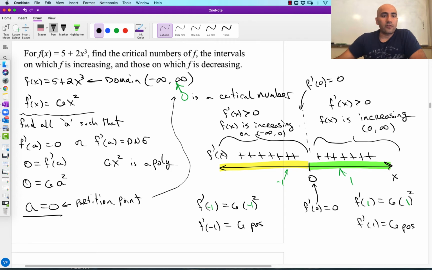Okay, so find the critical numbers. We did. The only critical number was 0, so that's the answer to this one. 0 is the only critical number. So we found that answer. Find the intervals on which f is increasing and those on which f is decreasing.